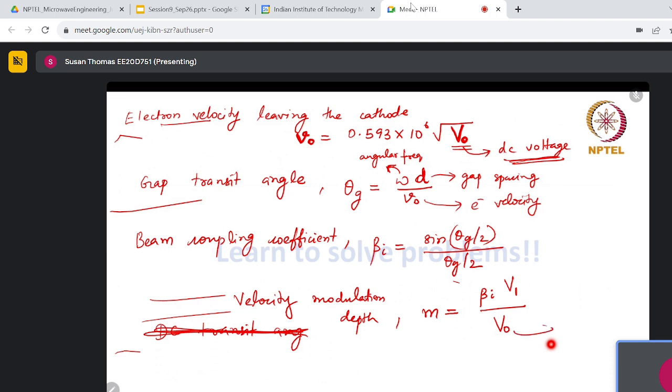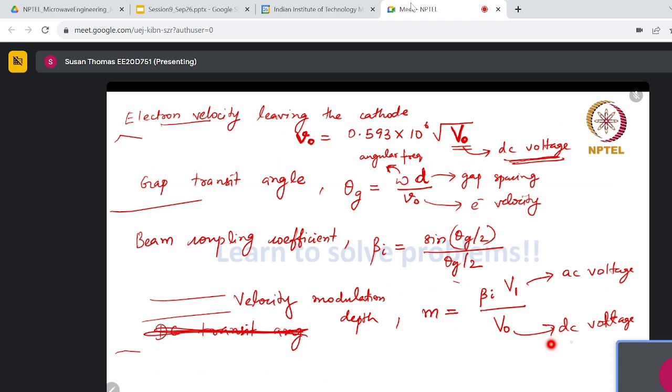Here V0 is the DC voltage and V1 is the AC voltage, the amplitude of the RF input signal to the amplifier.